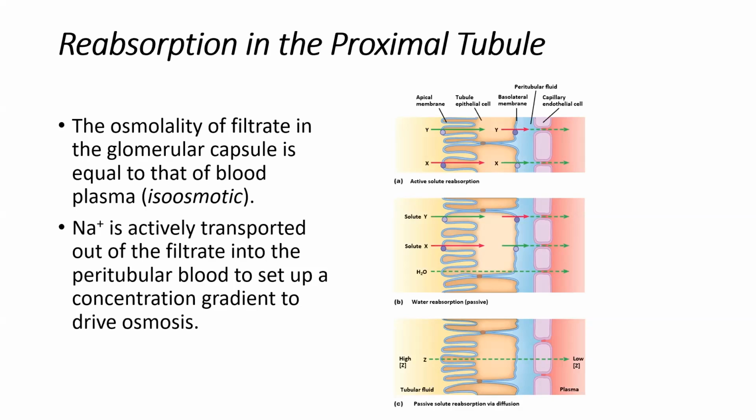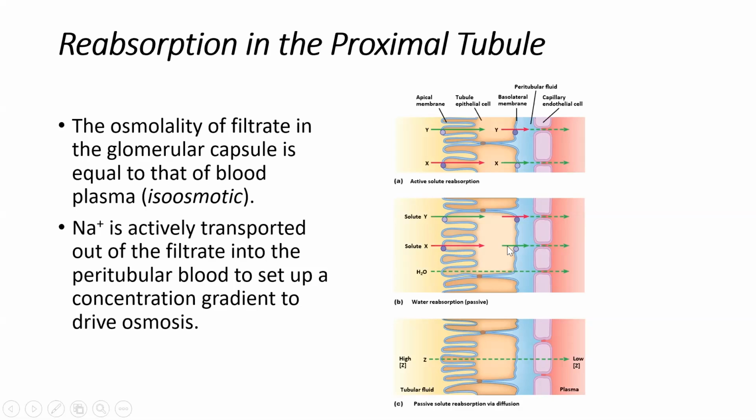Now, the osmolarity of the filtrate in the lumen of the tubule is exactly equal to the osmolarity of the plasma over here in blood. And if you remember, we left off describing the barriers here. So the layers that the solute and water on this side have to go through in order to be reabsorbed. So if we're going from the lumen, we have to go through the apical surface of the epithelial cell.